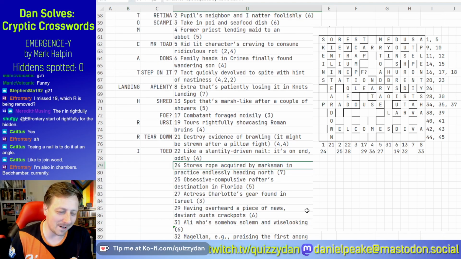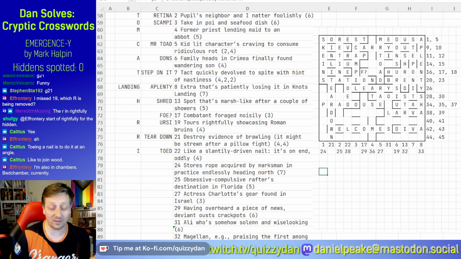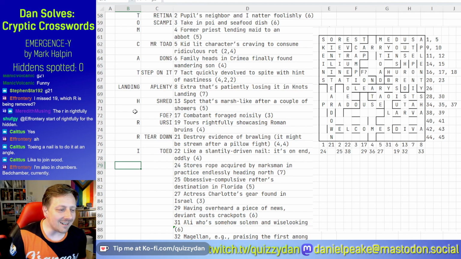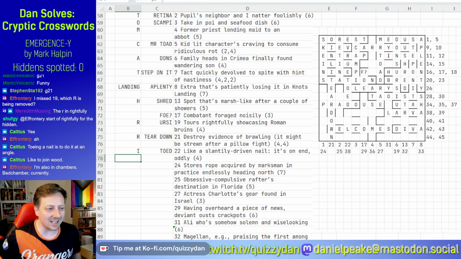Stores rope acquired by marksman in practice, endlessly heading north. It's a long clue. Only one P is currently in the answer. If there isn't, I know it's going to be an extra E, I think. Like a Harriet or something like that.